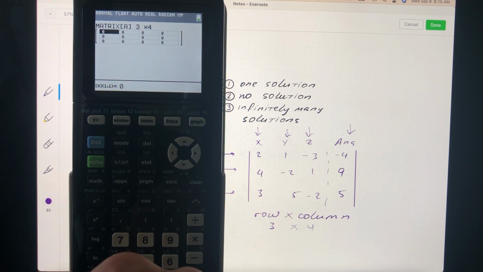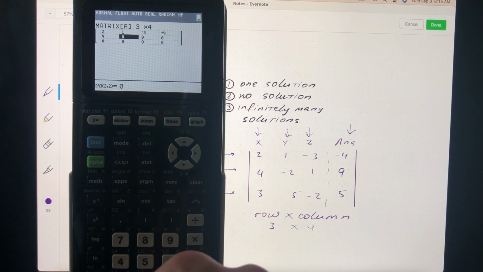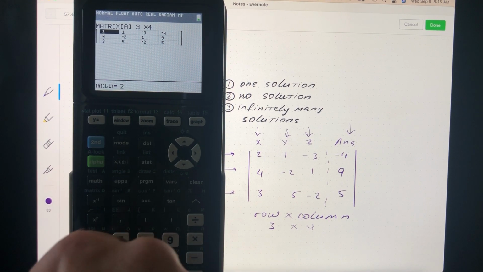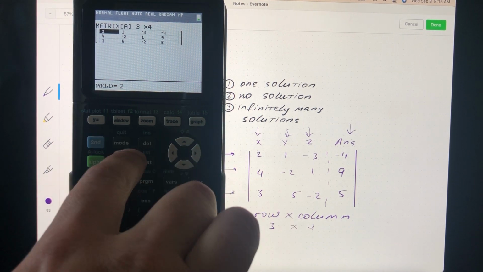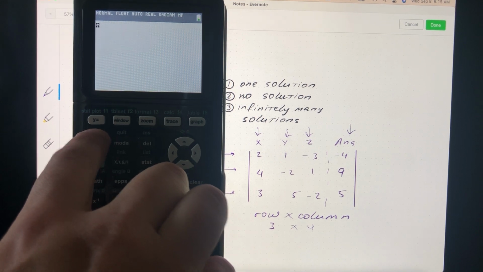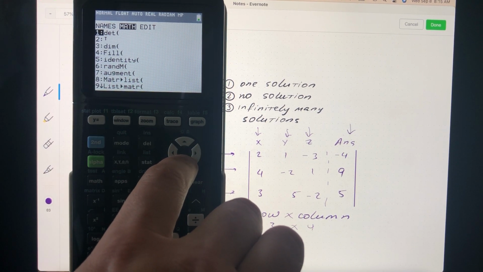Now we type in the information: 2, 1, -3, -4, 4, -2, 1, 9, 3, 5, -2, 5. Now we've typed in all the information and we're ready to solve it. To solve it, we need to quit and get out of the screen so we can come back to the matrix and go to the math so we can do the actual answer.